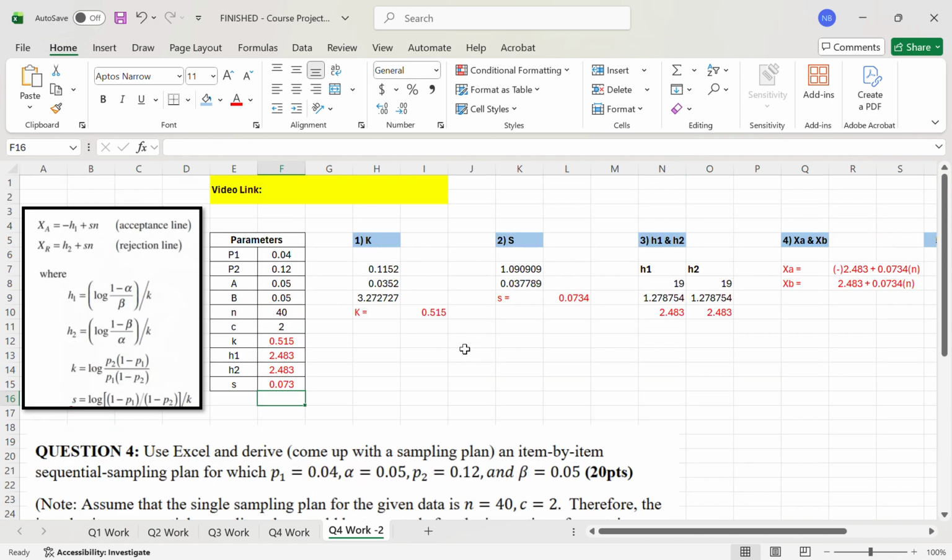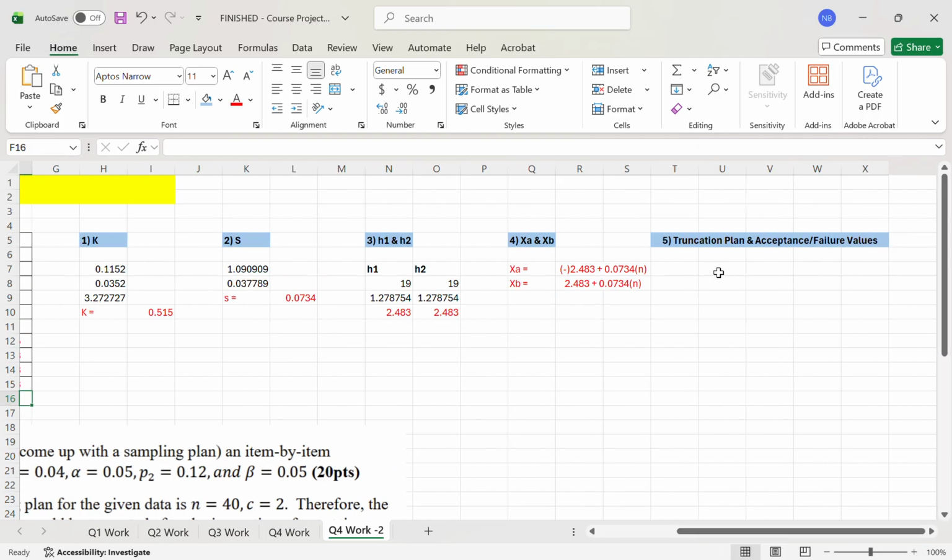Now that means that our truncation value for us is going to equal 120, right? Because 40 times 3 is 120. So at 120 samples, you will quit sampling. Now we want to find our acceptance and our failure values, right? Like I said earlier, at what number of defects will we accept or reject said lot?